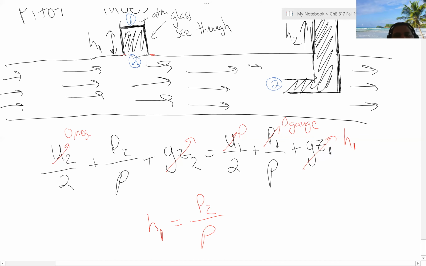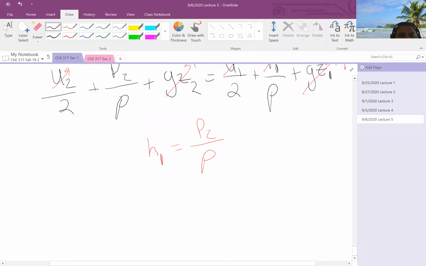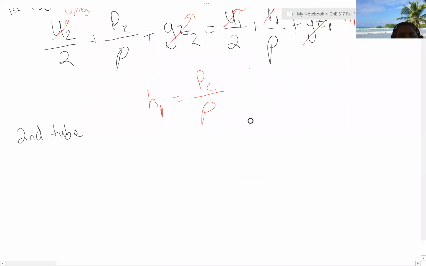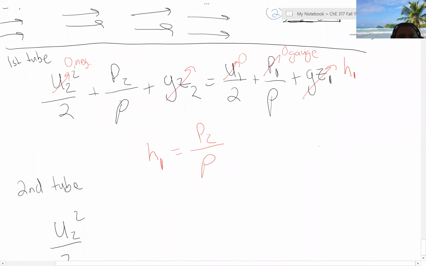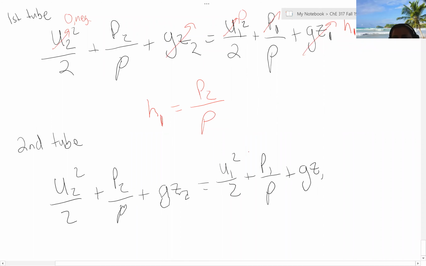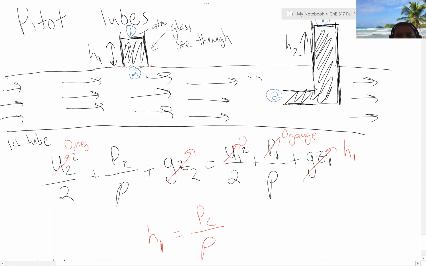If I'm going to look at the second tube, I can do that same analysis, looking at U2 versus U1. I forgot the squares here, I apologize. And I'm going to say, okay, my velocity at 1 is negligible.